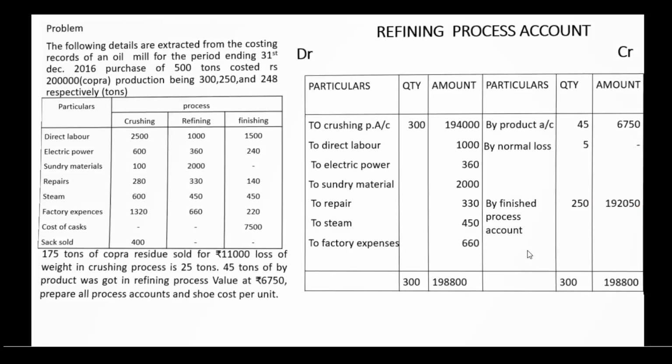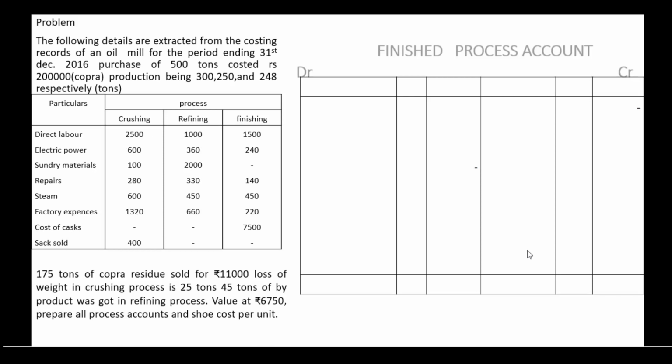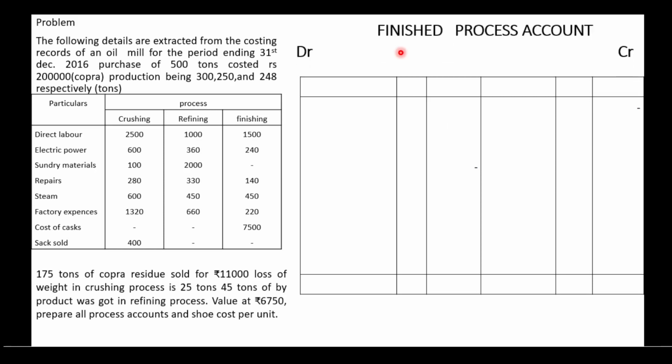And the next one, that is the finished process account. Here also we draw the same format: particulars, quantity, amount, particulars, quantity and amount.